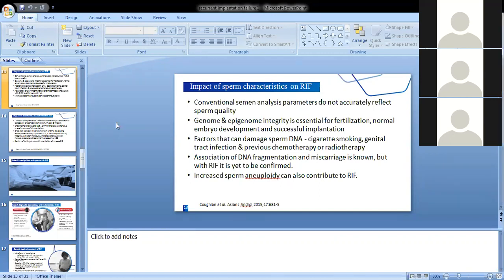So IMSI can improve sperm selection that way in patients with poor quality sperms, and that can improve embryo quality. So IMSI is a new technology which is gaining popularity to deal with patients who are having problems with sperm characteristics and recurrent implantation failure.